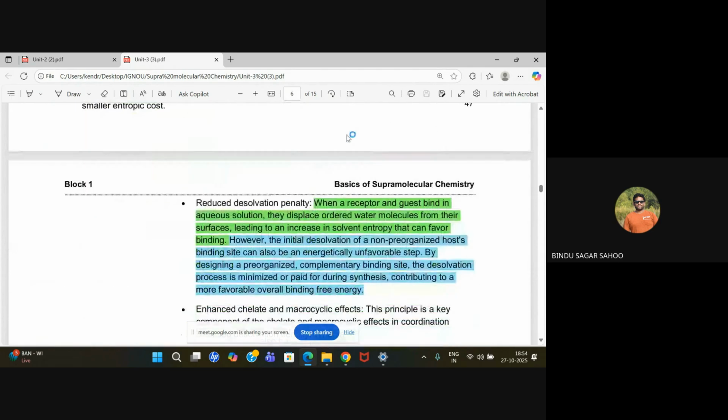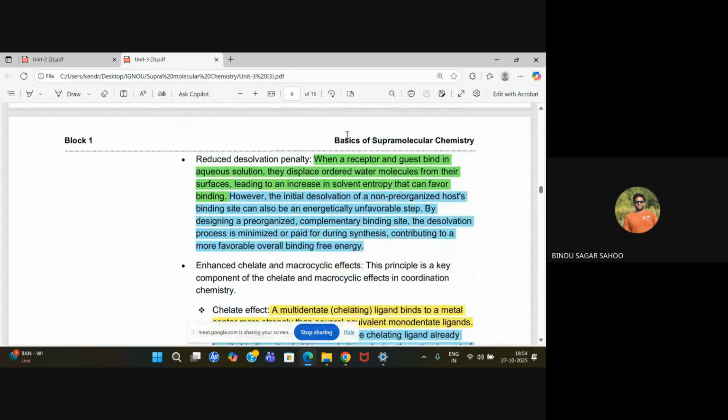Next, reduce the desolvation penalty. When a receptor and a guest bind in aqueous solution, they displace ordered water molecules from their surface, leading to an increase in solvent entropy that can favor binding. Suppose you take NaCl salt and add it to water.